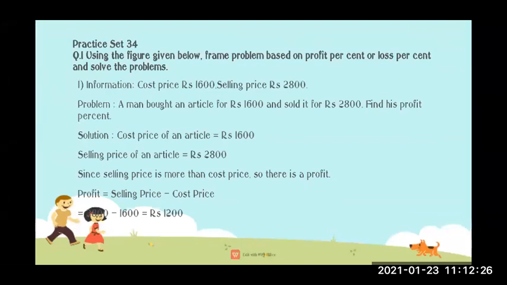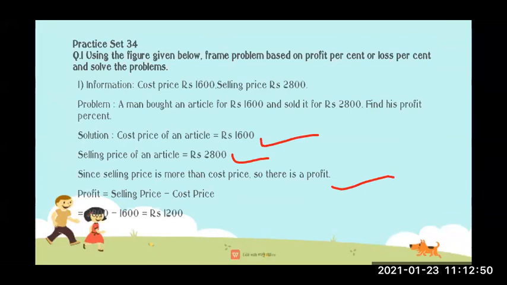The solution: the cost price of the article is rupees 1600. Then the selling price of that article is rupees 2800. Now by looking at the figure we understood that it is a profit. So we have to write that statement: selling price is more than the cost price, so there is a profit.